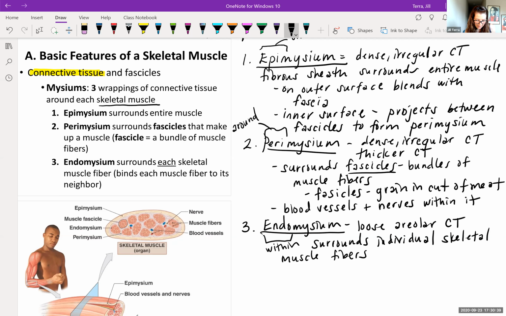Okay, and it's a really thin sleeve on the outside surface of the muscle fiber cell.